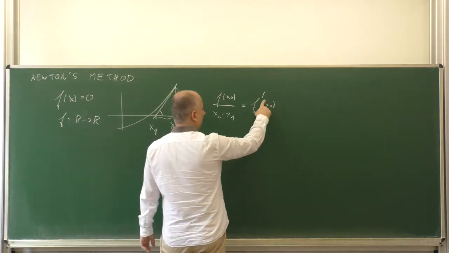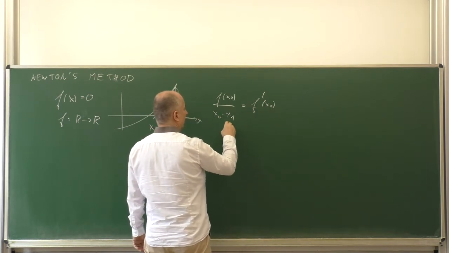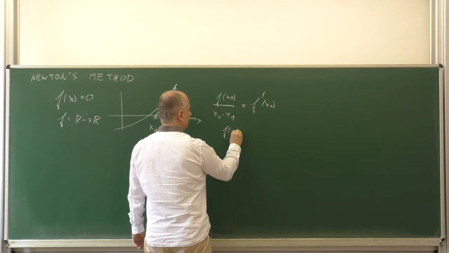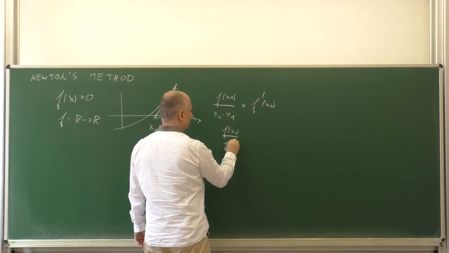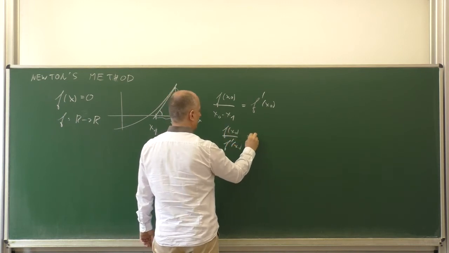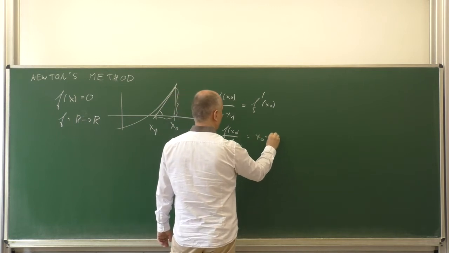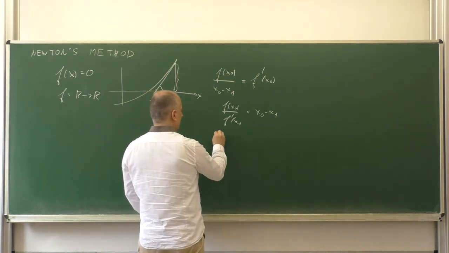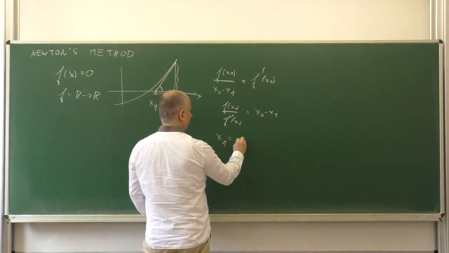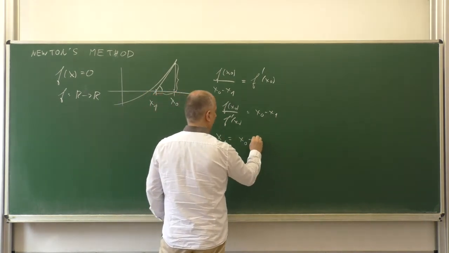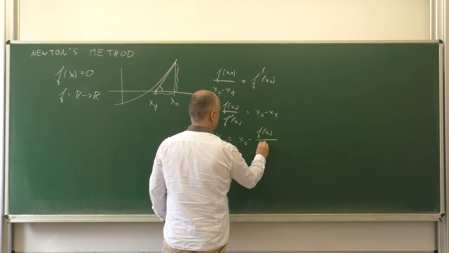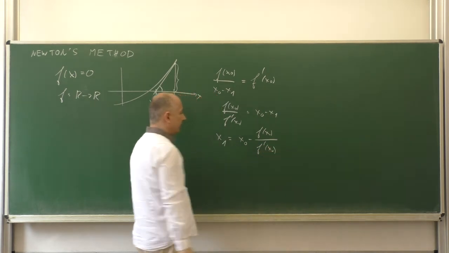Namely, if we divide by f prime and multiply by x0 minus x1, we have f at x0 divided by the derivative at x0 is x0 minus x1. And then x1 can be expressed as x0 minus this fraction, f(x0) divided by f prime, namely the derivative.